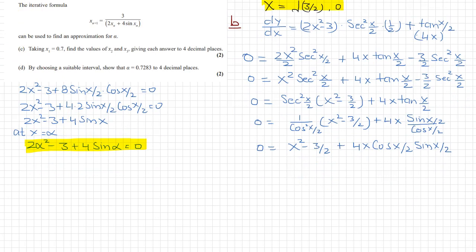So now let's do part C. x(n+1) is equal to 3 over (2xn plus 4 sin xn).